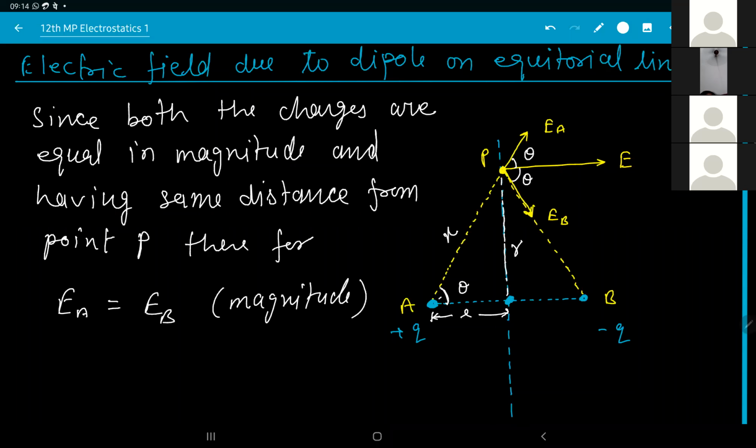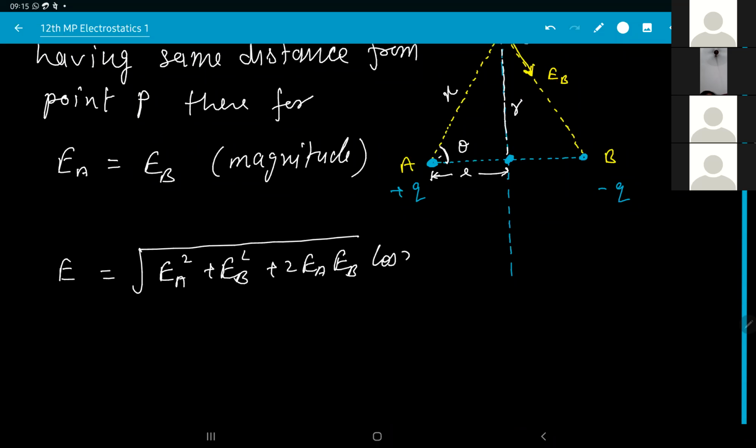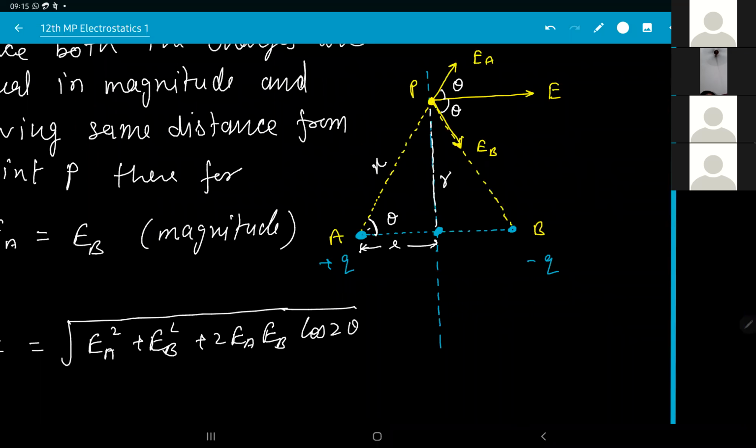Okay, only in magnitude. Now we have two ways to solve this question. The first is E is equal to square root of EA square plus EB square plus 2EA EB cos 2 theta. The first method is this. We can solve like this also.